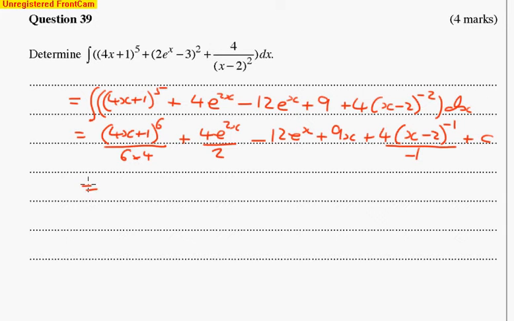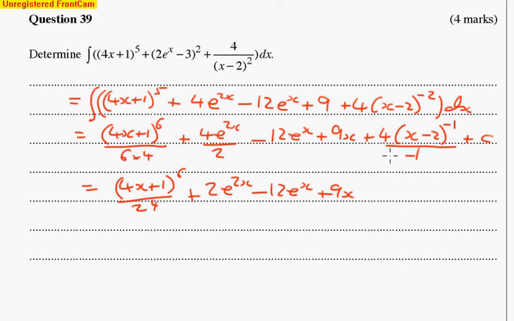Right, there's lots of bits, let's make sure they all look neat at the end of it. What we've got here is (4x+1)^6 over 24, plus, that'll just be 2e^(2x), minus 12e^x, plus 9x.